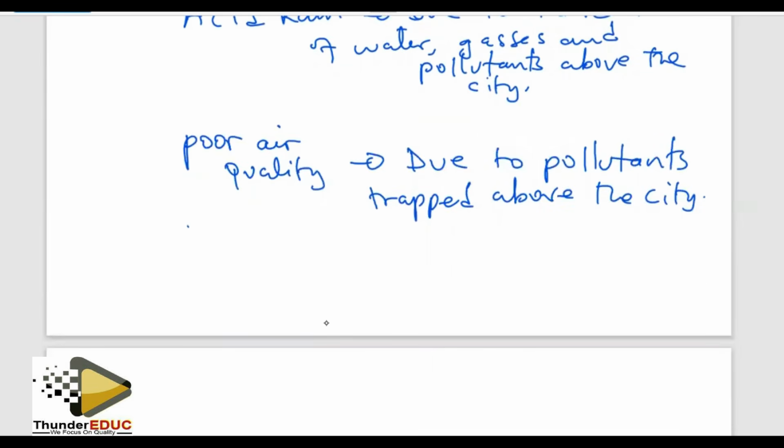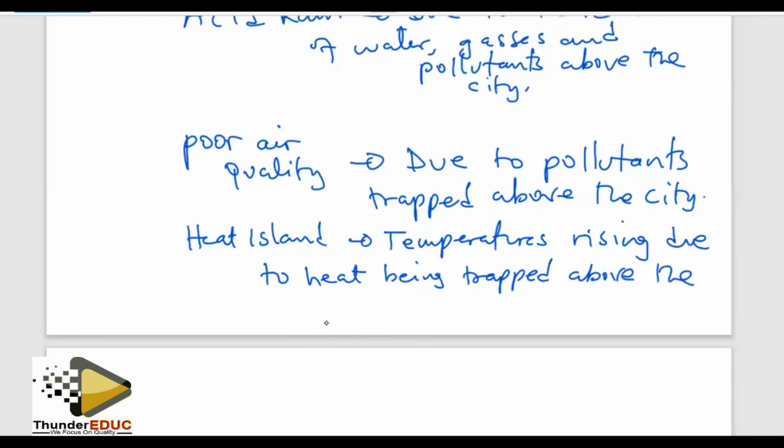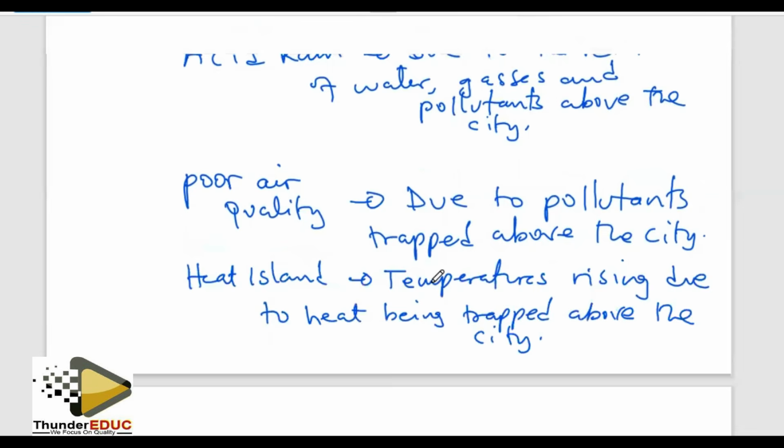Then heat islands, their temperatures are rising due to heat being trapped above the city. So all this could result in those factors mentioned.